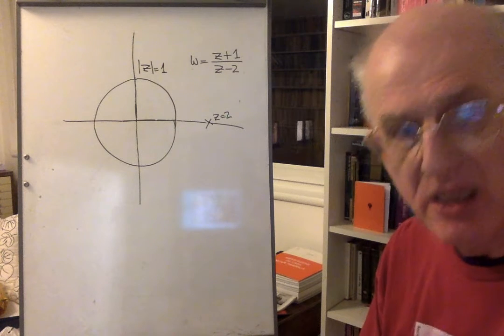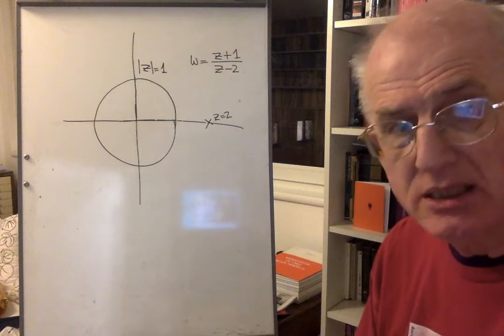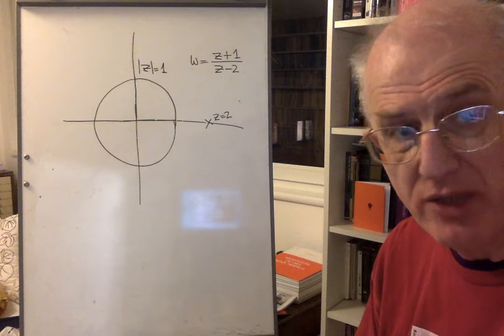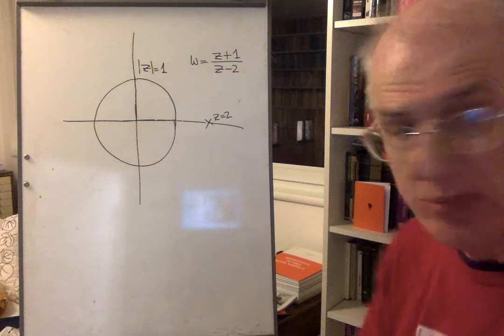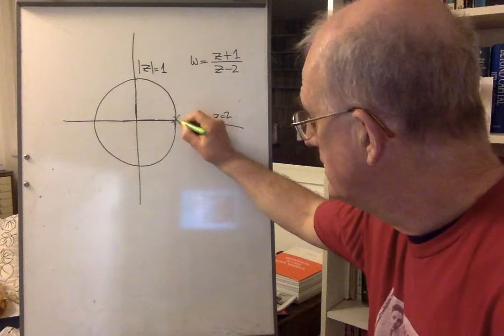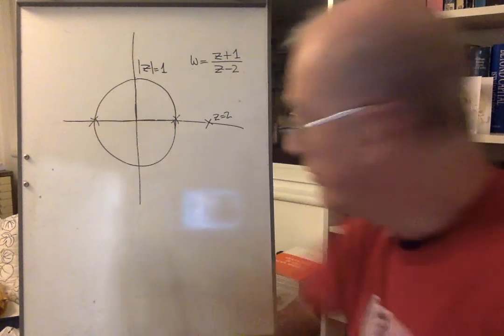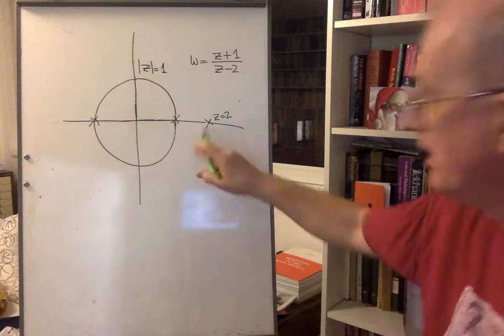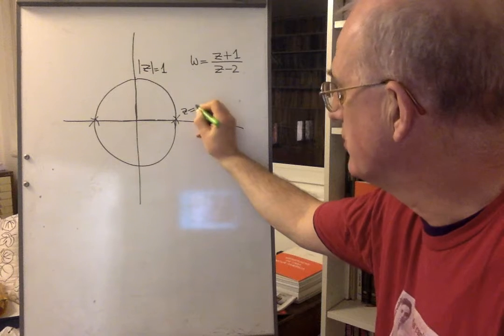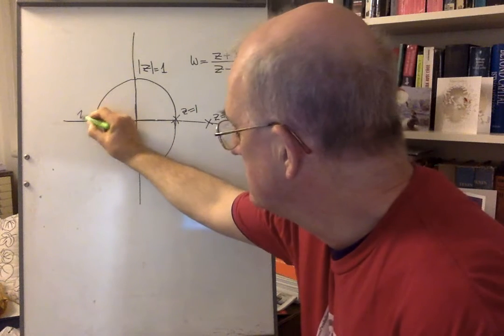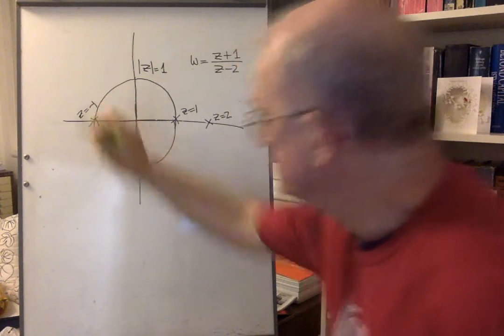Then mark in the 2 diameter points of the z path which are in line with the pole. So there are only 2 of them, and in this case they are z equals 1 and z equals minus 1.